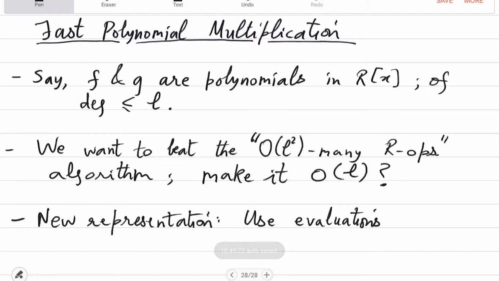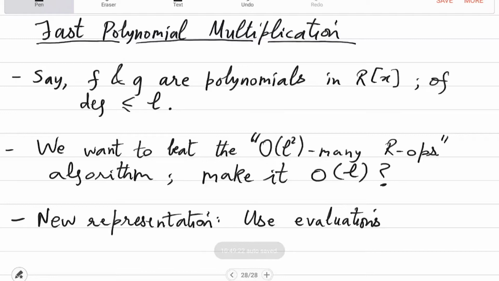But remember that in the output you have to output polynomial in the monomial representation. Right? So you have to then do interpolation again. You have to basically reverse the interpolation to get the monomial representation. So that is the sequence of steps.